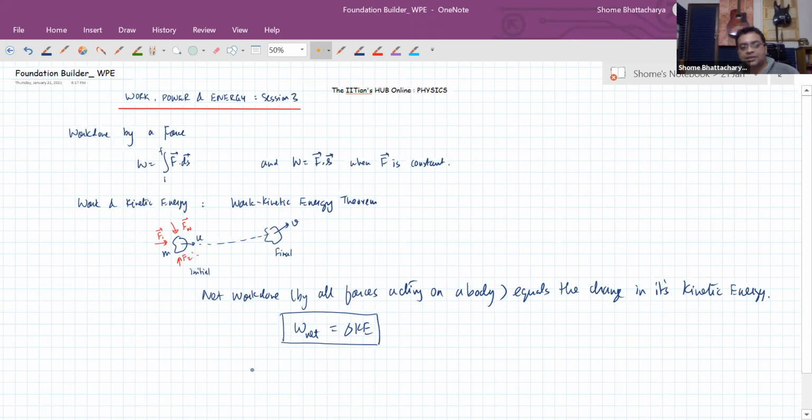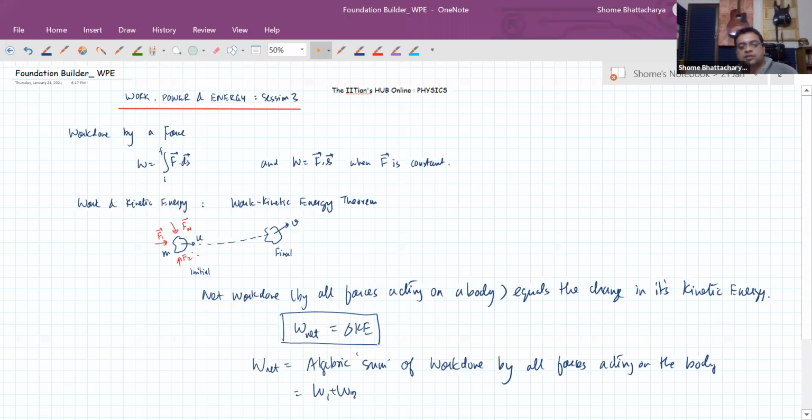So here the net work done is equal to the algebraic sum of work done by all the forces acting on the body. In my example, if there is F1, F2, F3, up to n number of forces acting, this is equal to work done by the first force plus work done by the second force, and so on.